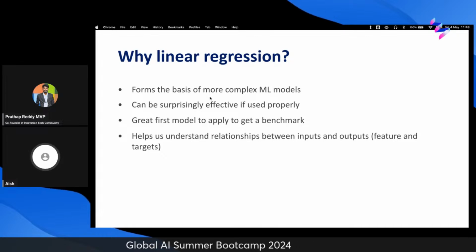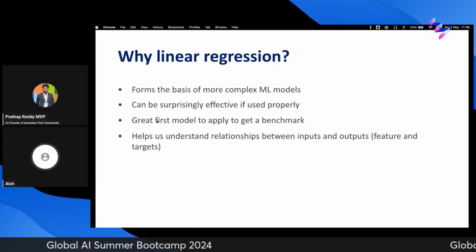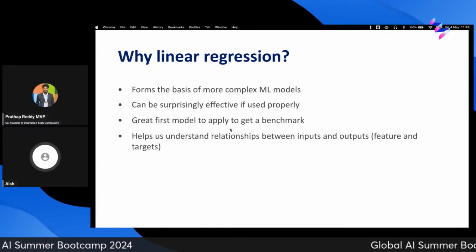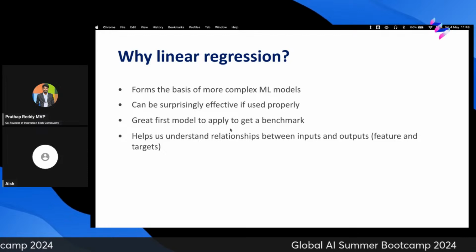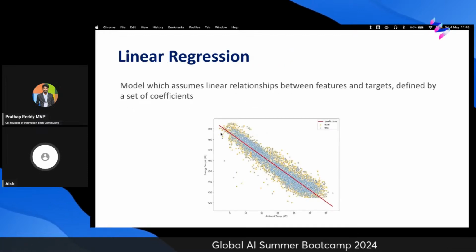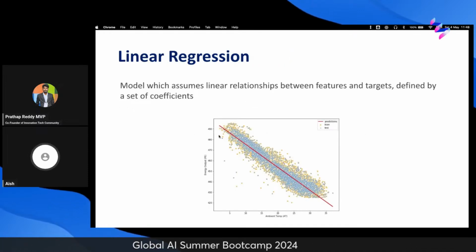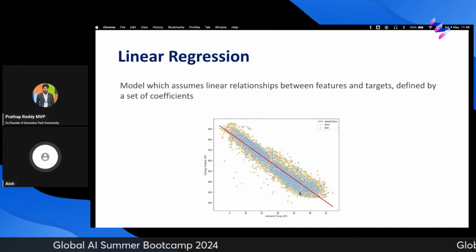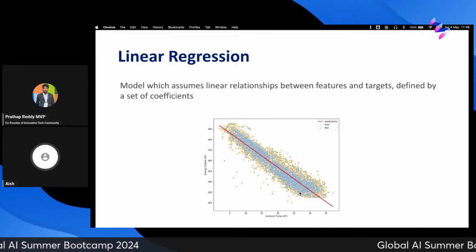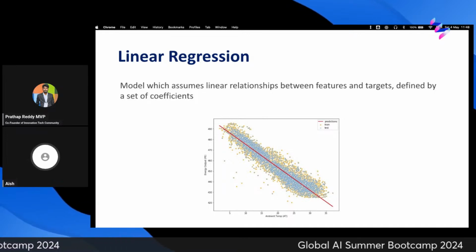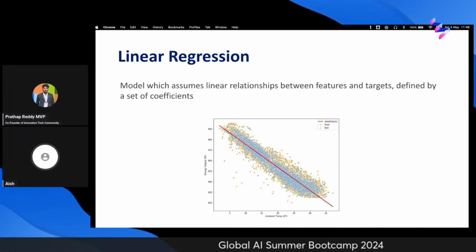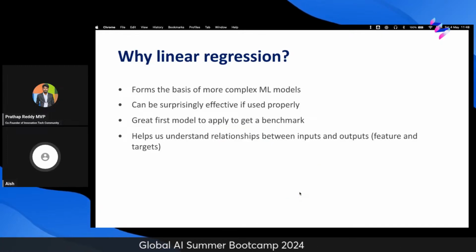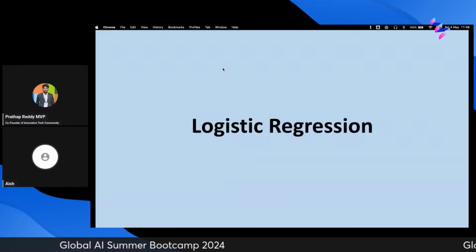Because it is one of the very simplest models, and it is often used to get a very basic benchmark, like, okay, using linear regression you got an accuracy of 85%. So in the future, when you try to optimize, you should ensure that your accuracy is greater than or equal to 85% at least. So that's why it's most commonly used.